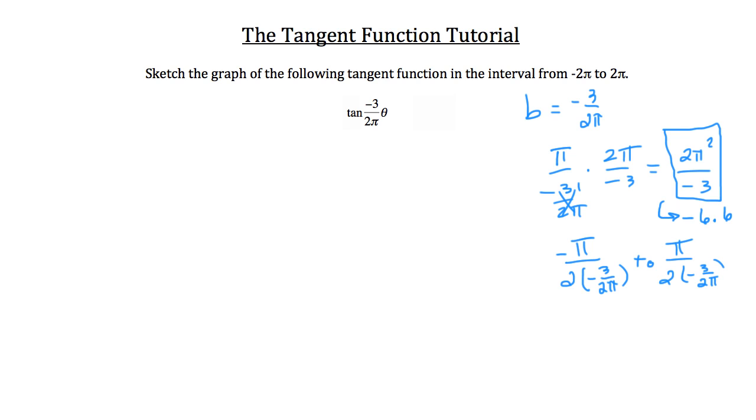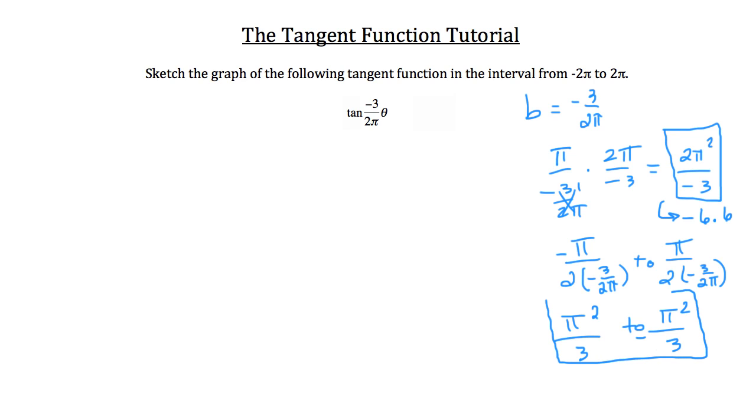So essentially the interval of one cycle in our graph is from negative pi over negative 6 over 2 pi to positive pi over negative 6 over 2 pi. So we again want to just invert and multiply the denominator here to solve for our actual interval. When you do that, you see that our interval ranges from pi squared over 3 to a negative pi squared over 3. So this is the interval of one cycle of our tangent function.